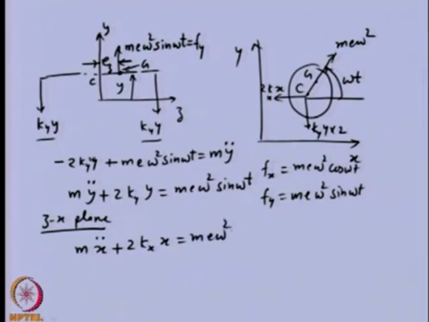So, instead of sin omega t, we have the force f x, m e omega square cos omega t. So, that term will be coming here. So, these are the two equations of motion which we obtain by giving two independent motions in the y direction and the x direction. Now, we will see the tilting motion.